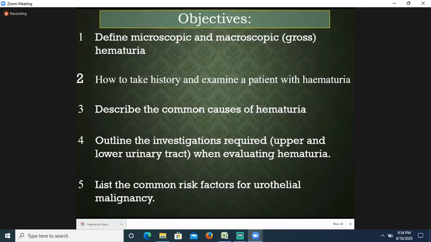The third objective is what are the common reasons for hematuria, especially surgically, and then how to investigate hematuria, because we divide that into upper and lower urinary tract. And the last would be a few common risk factors for the urothelial malignancies.